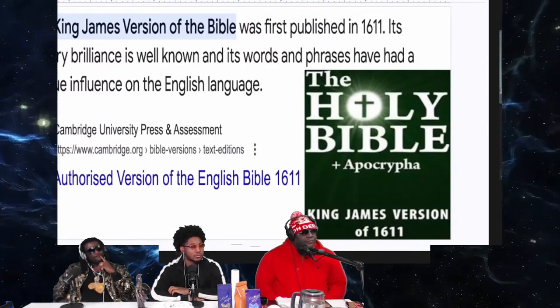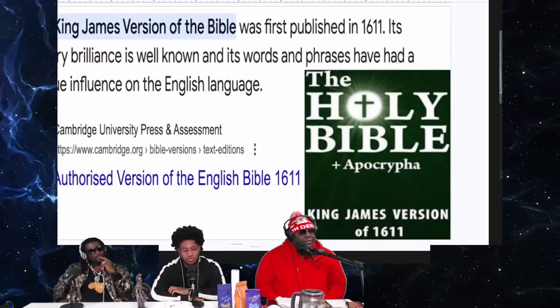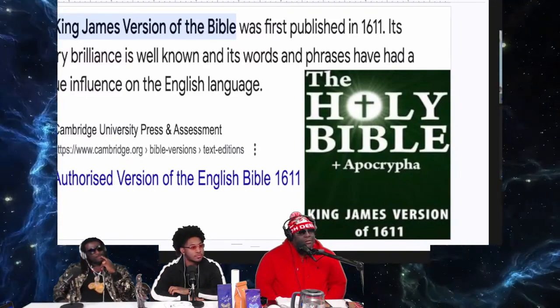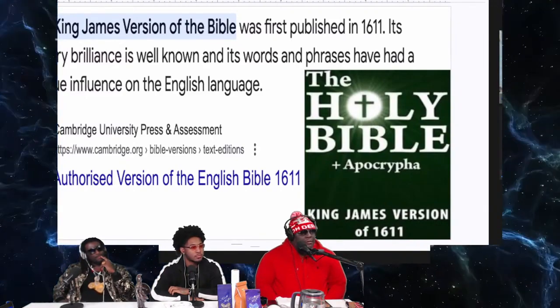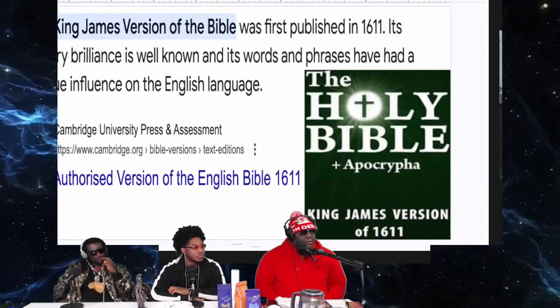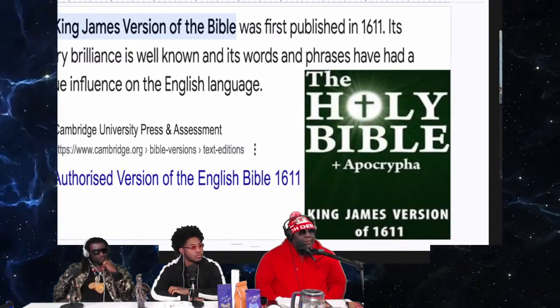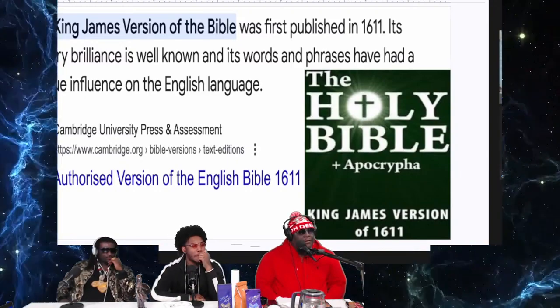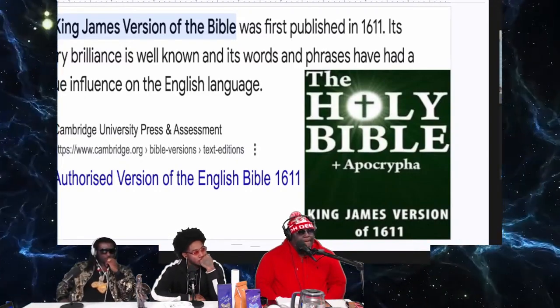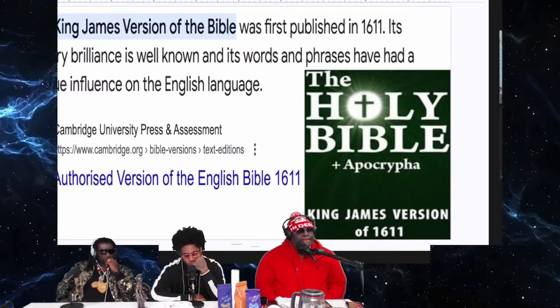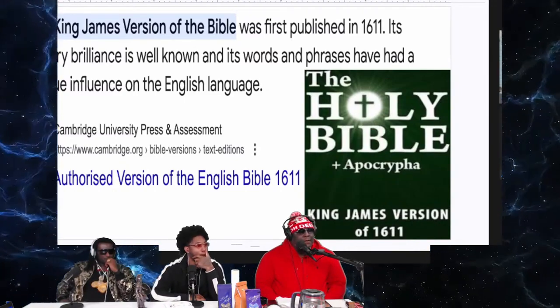This is from Cambridge.org, Cambridge University Press and Assessment, with an article titled "The Authorized Version of the English Bible 1611, Numbers Are Important, Family." The King James Version of the Bible was first published in 1611.